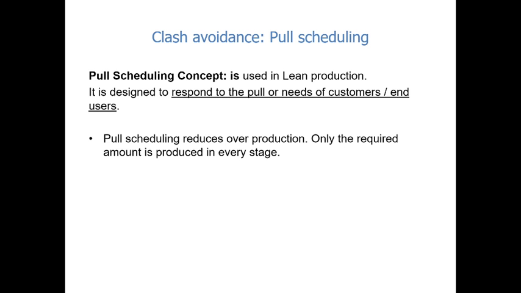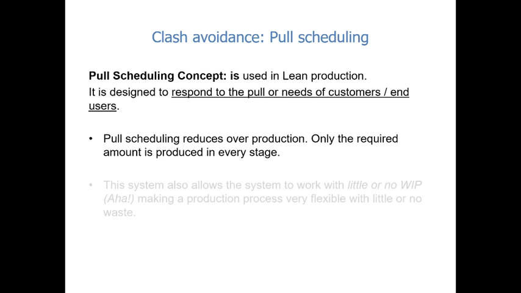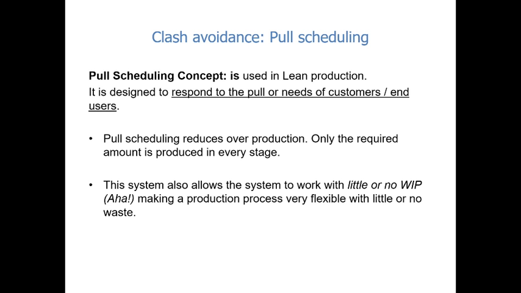Pull scheduling reduces overproduction. As I said, when you do pull scheduling, you reduce waste and overproduction. If your volumes are not intact, you may have to cancel that production. Only the required amount is produced in every stage. This system allows little or no WIP.